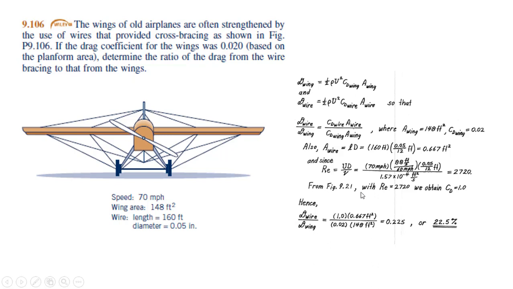Now from figure 9.21, the same figure जो मैंने ऊपर वाले ग्राफ में प्रॉब्लम में शो की थी, here you have a smooth cylinder at Reynolds number 2720. You can simply draw a line parallel to the y-axis, intersecting the respective curve of the cylinder, and then draw a line parallel to the x-axis to get the value of CD.